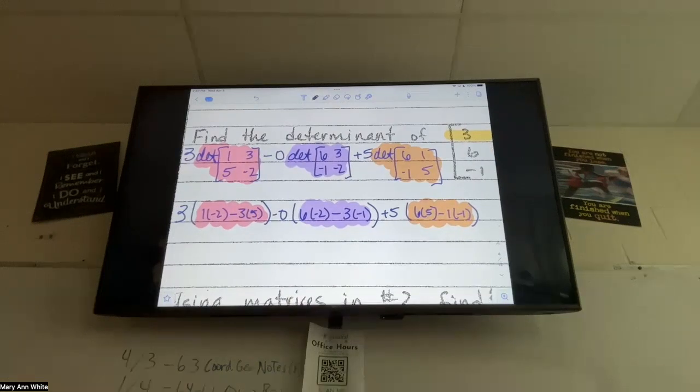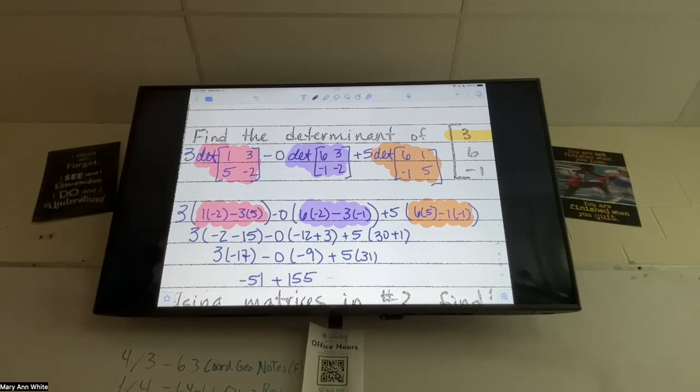All right, again, I've still got all my work on the board. You can see what it's looking like. All right, and I've got all my work on the board if you want to check it.